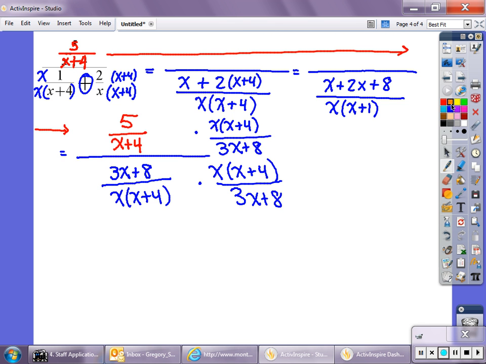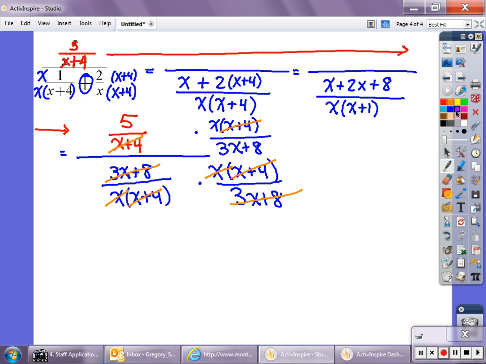What that allows me to do, x plus 4 and x plus 4 are gone. x and x are gone. 3x plus 8, 3x plus 8 are gone. Also notice that in the top we have an x plus 4 here and an x plus 4 on the bottom. Cross those two out as well.